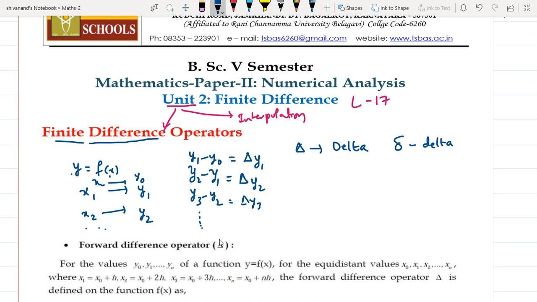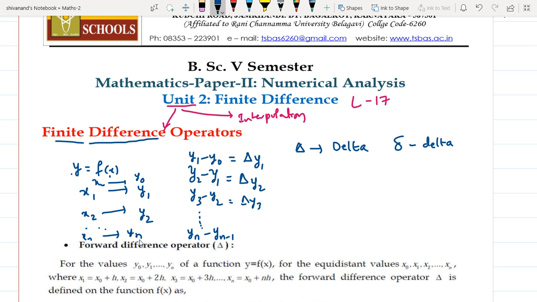Now we are starting from y1, y2, and so on. We are going on in increasing order in the forward way. So at the last what we are going to get is yn minus y(n minus 1). This is the nth difference.